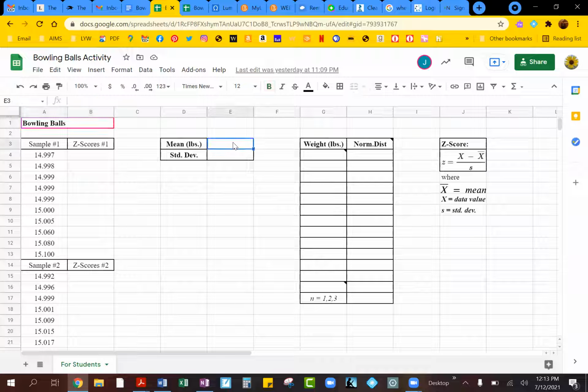So our mean is going to be 15 pounds, and your standard deviation was basically 15 minus 14.9, right? Because that tells you what the standard deviation can be, which comes out to be 0.1. So I've actually given you the Z-score formula over here.